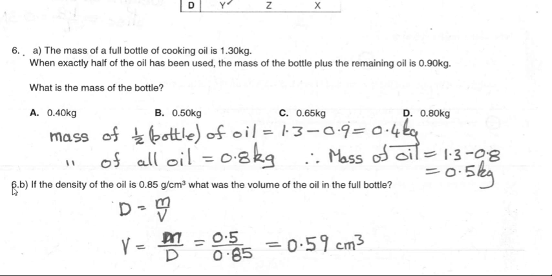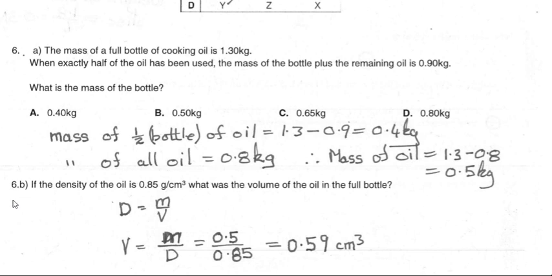The mass of all of the oil is 0.8 kg, and therefore the mass of the bottle is 1.3 minus that 0.8, which gives you 0.5 kg.